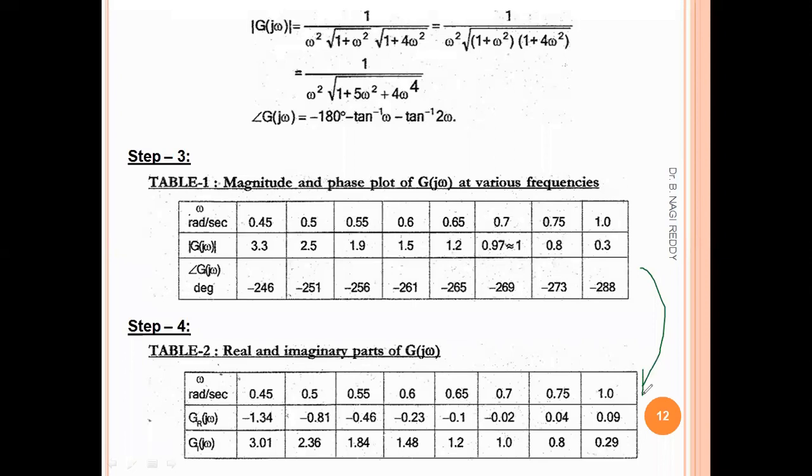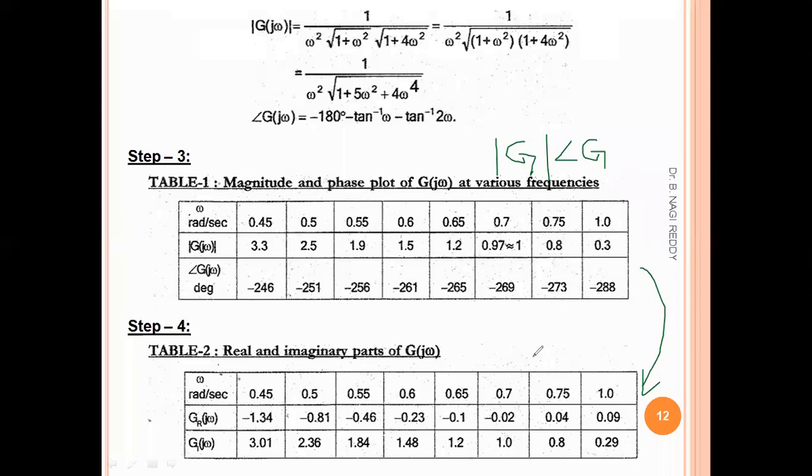In order to draw on the normal graph sheet, we have to convert this step 3 into rectangular form. So step number 3 is the magnitude of the open loop transfer function at an angle of the open loop transfer function, so mod of G at an angle G. This is the polar form representation.